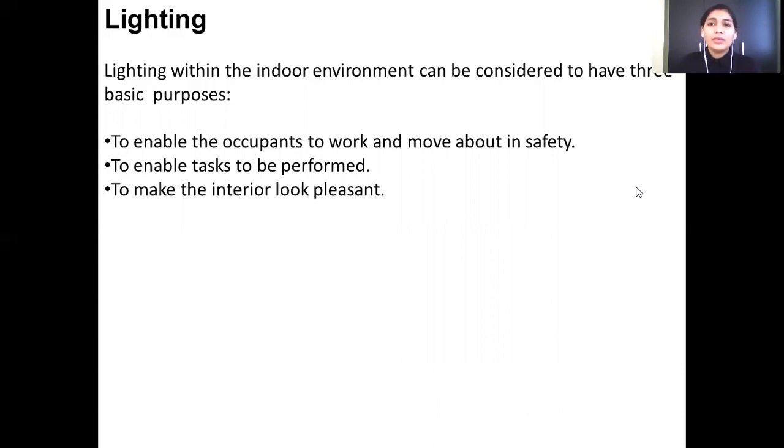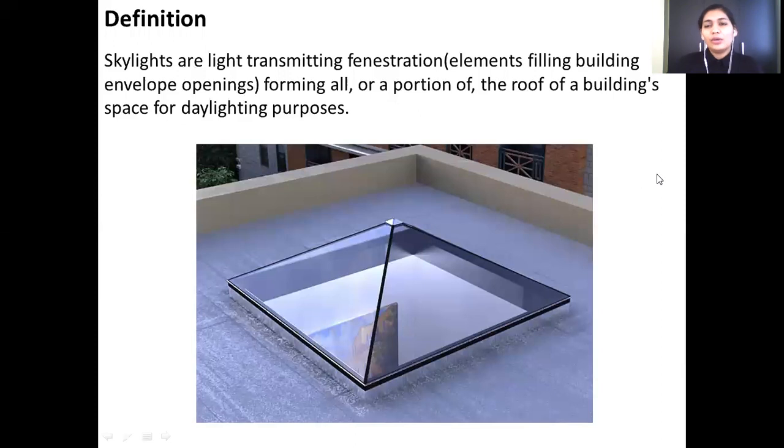Okay, now when we say skylight, when it is constructed on the fenestration, it's an opening in the fenestration, right? So when we talk about an opening in the fenestration or a skylight, here we are talking about allowing natural daylight into the space. Now let us see conceptually the definition of skylight. It is a light transmitting fenestration, the element of filling building envelope openings.